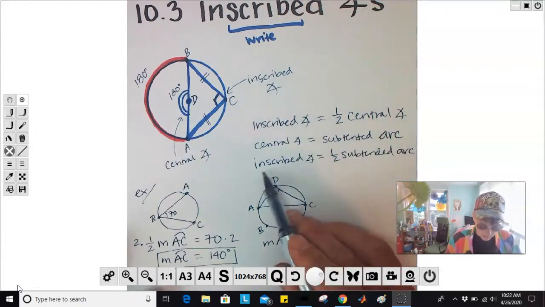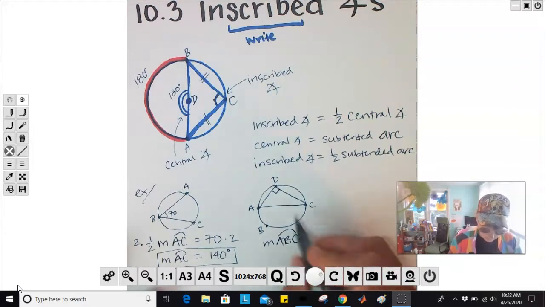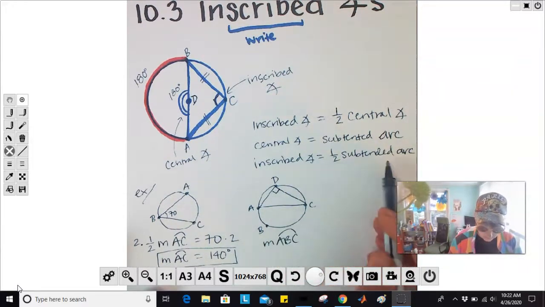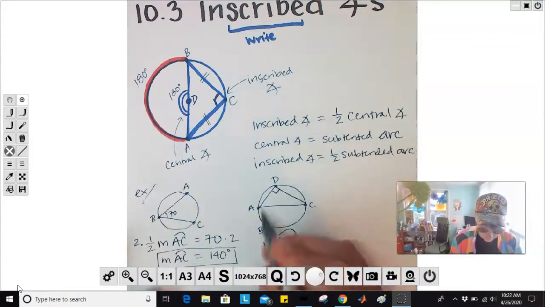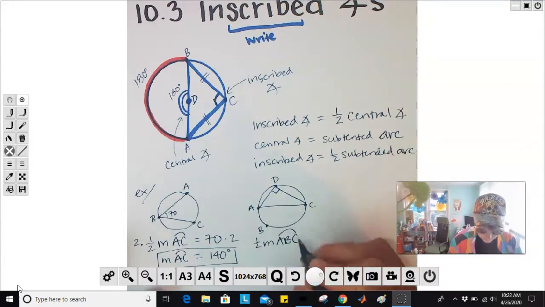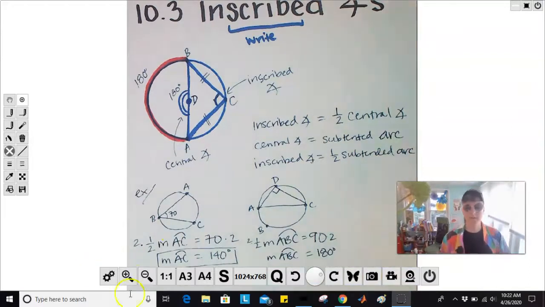So again, the inscribed angle is half of the subtended arc. So our inscribed angle is 90 degrees. That's 1/2 of the subtended arc. That's the arc we're looking at. It's A to B to C. So 1/2 of the measure of ABC is going to be that 90 degrees. Multiply both sides by 2. The measure of our arc ABC is 90 times 2, 180 degrees. Too easy. All right, let's do another one.